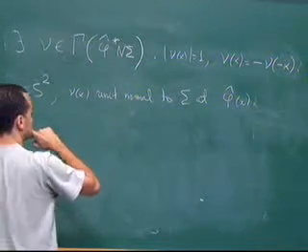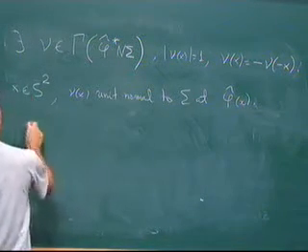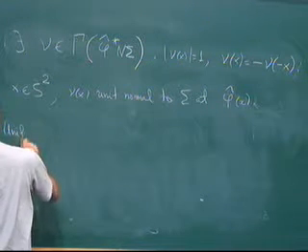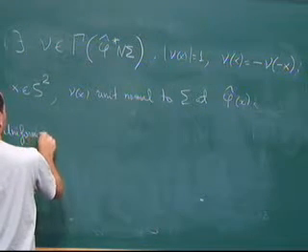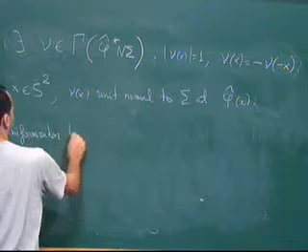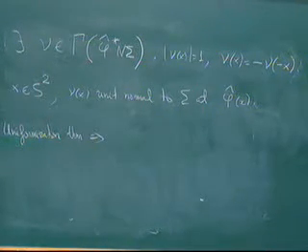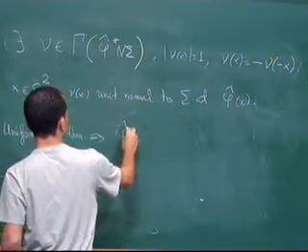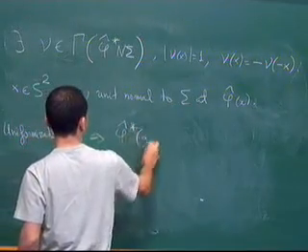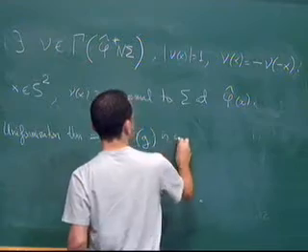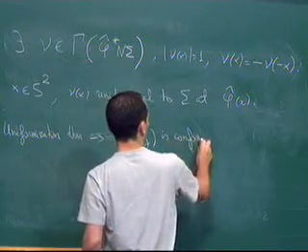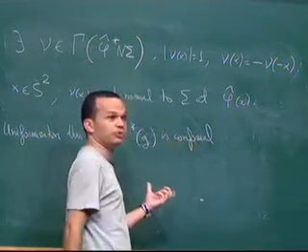So let me recall the uniformization theorem. The uniformization theorem gives me that the pullback of the metric, phi hat star of G, is conformal to a constant curvature metric.